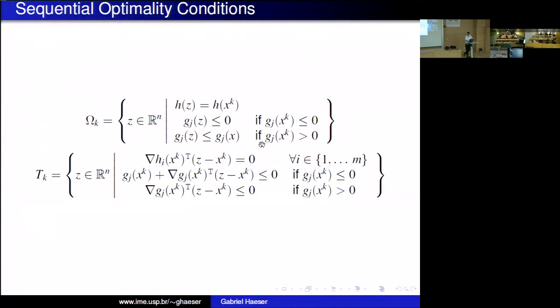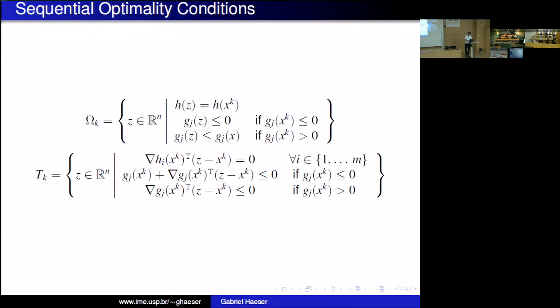If at xk, gj was infeasible, that is, gj of xk is greater than 0, the gj of z should be at least this value. So I should not lose the feasibility that I got at xk with regard to inequalities.